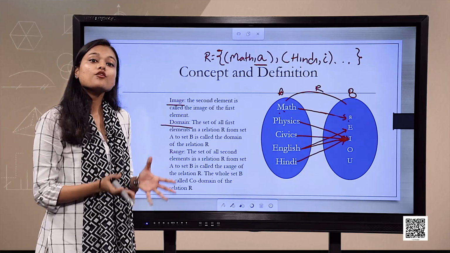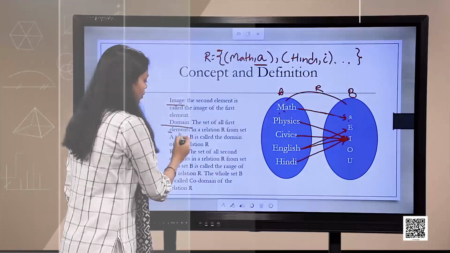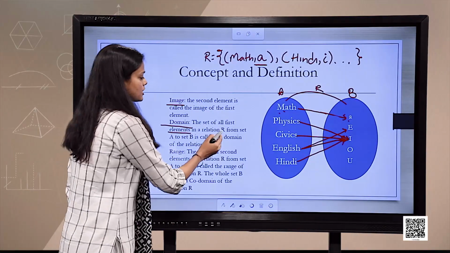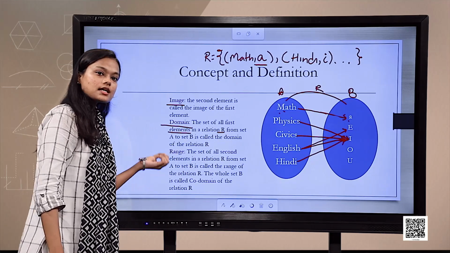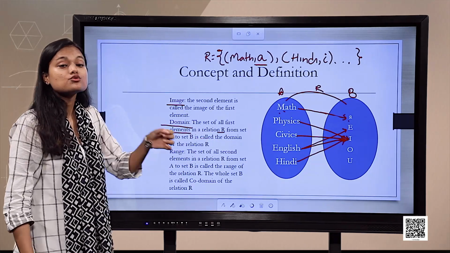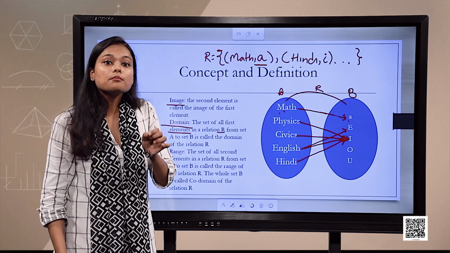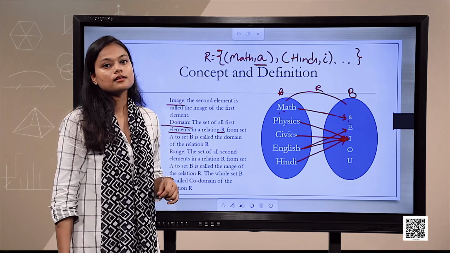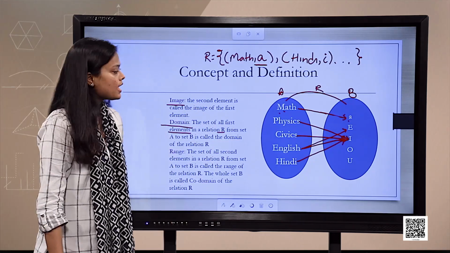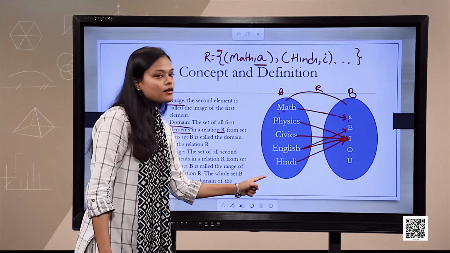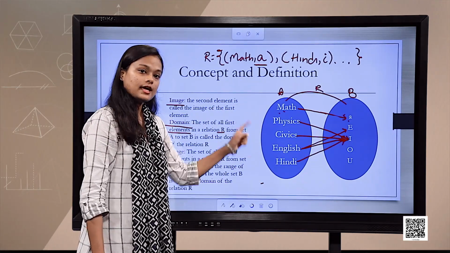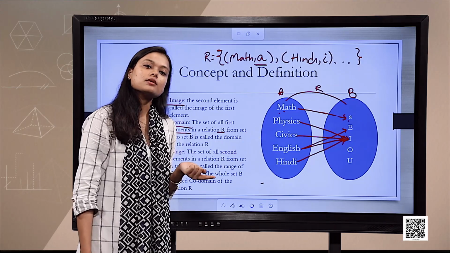Domain is the set of all those points, or we can say elements, in the relation R from the set A to B. That means those who are having an image in the set B. And how many elements are there which are having an image in the set A? All the elements.